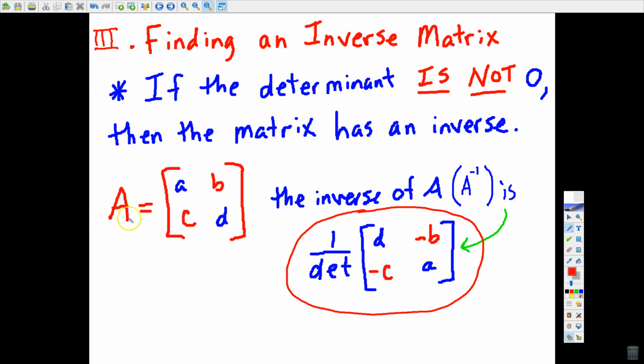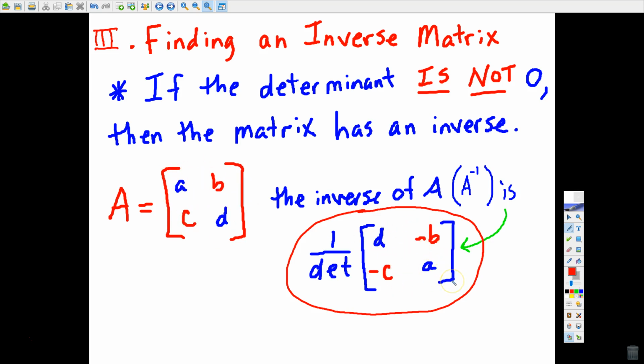So I've given you a matrix called A using variables. This would be the inverse of A. Now as you look at the original matrix called A, and you look at this other matrix that's involved in the definition, give me 2 things that you noticed that changed from here to here.